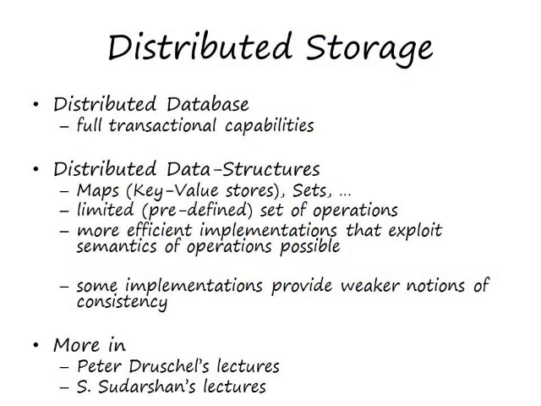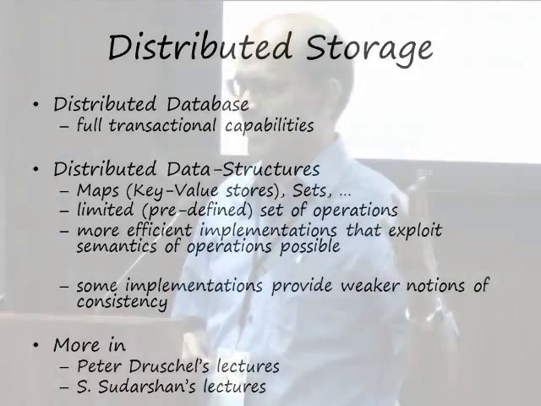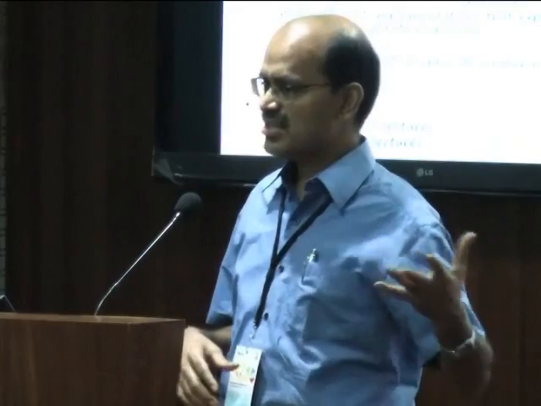So in general, the kind of thing we have been talking about, you think of as distributed storage, and you can distinguish between different kinds of distributed storage. At one extreme, you could have something like a distributed database, which gives you full transactional capabilities, which actually simplifies the job of users of the distributed database.